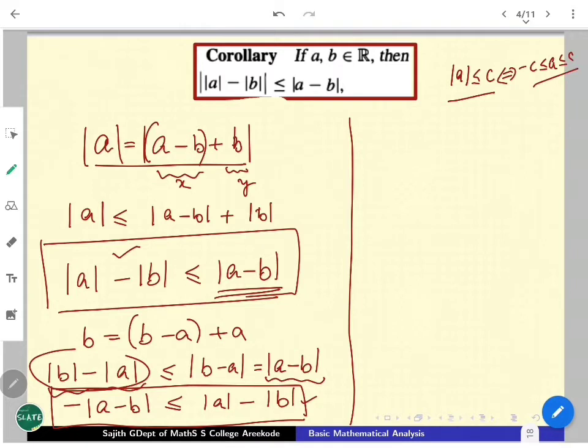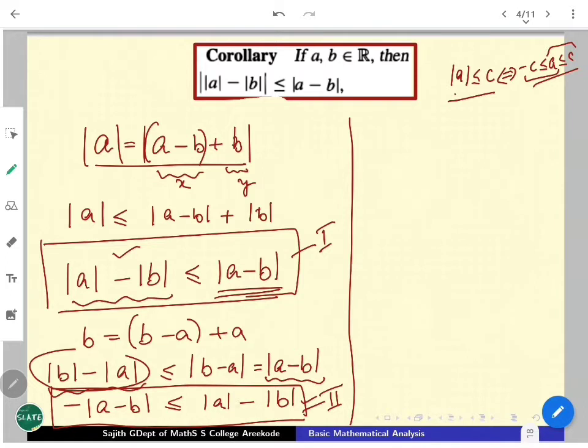So it has two parts. Whenever c is a non-negative quantity, minus c less than or equal to a comes together with a less than or equal to c. Combiningly, you can write in this version, mod a less than or equal to c. So we can use, see, this is the first inequality, this is the second inequality. So here my a is actually this fellow.